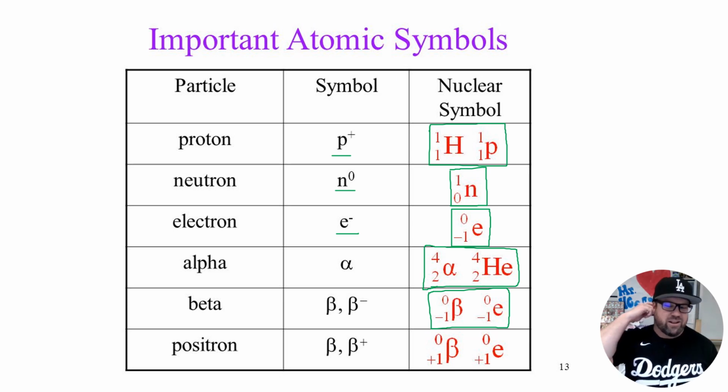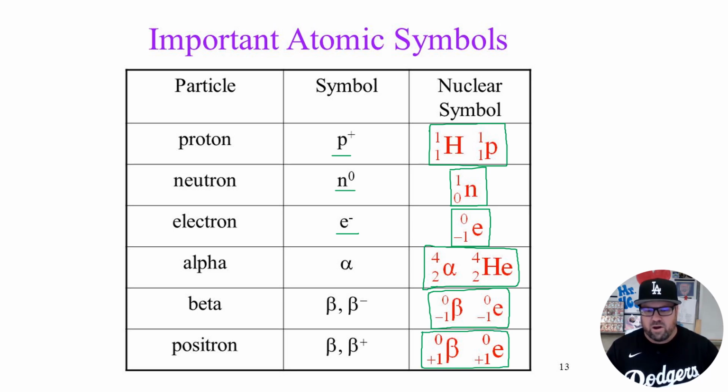Now, we'll go over later why that happens. It's a little weird, but it is a thing that exists in the world of chemistry, specifically nuclear chem, and it isn't that uncommon. And so for a positron, the symbol is the same as beta, but one major difference. In a positron, the charge is +1 in the bottom left-hand corner where the atomic number goes.